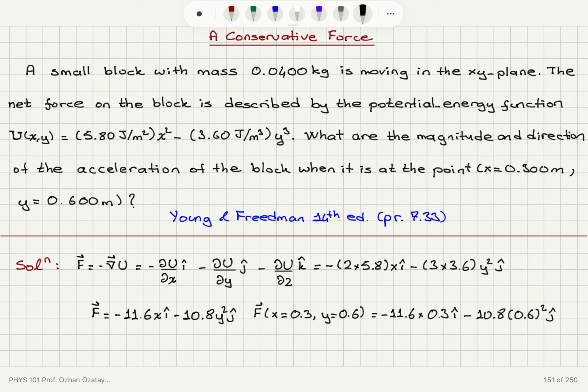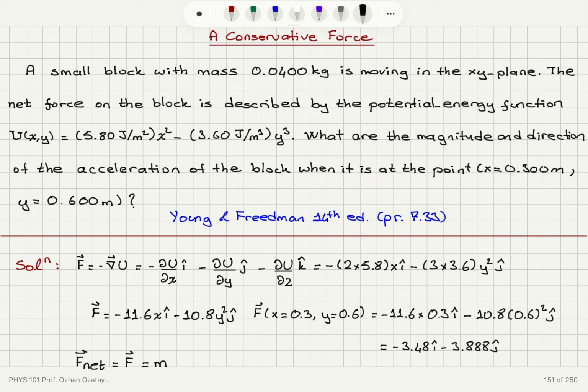So this gives us minus 3.48 i hat minus 3.888 j hat.